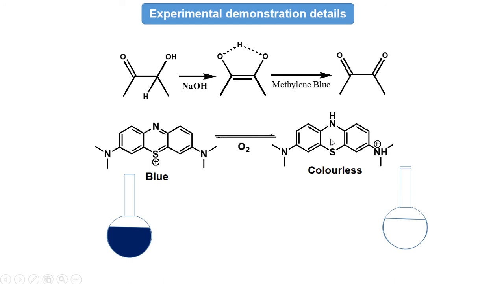Hence, the HOMO-LUMO energy gap increases, which doesn't fall into the visible region. Remember that for conjugation, the presence of alternating double bonds is necessary.